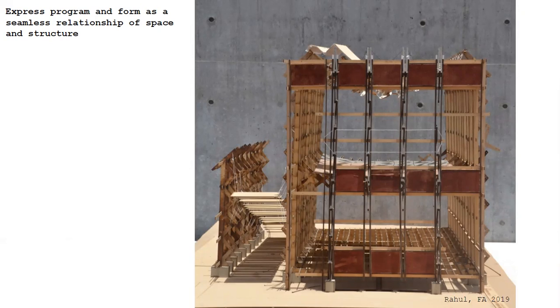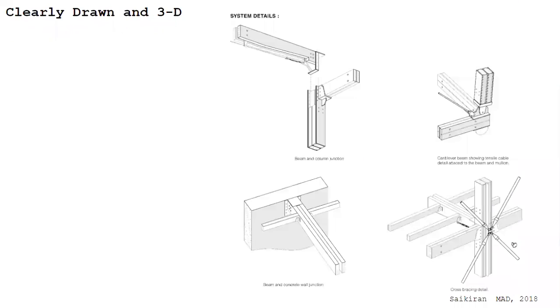On the right side, you see some of the images done by the last batch. So you see how the structural system has been introduced in the program and what is the expression that is coming out of it. As far as the quality of drawings are concerned, we should clearly draw and drawings should preferably be three-dimensional.